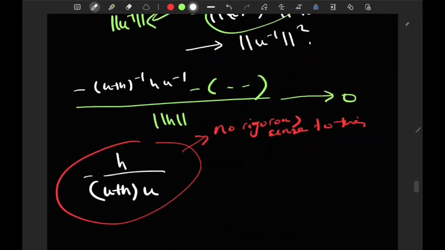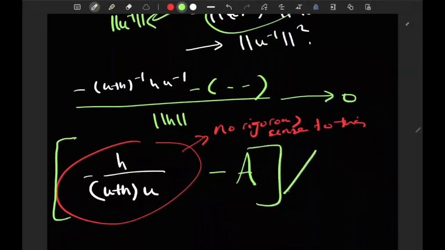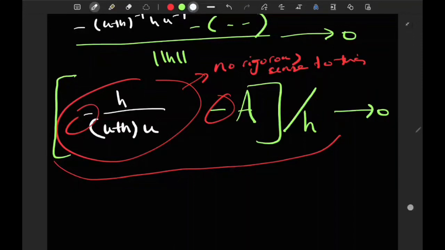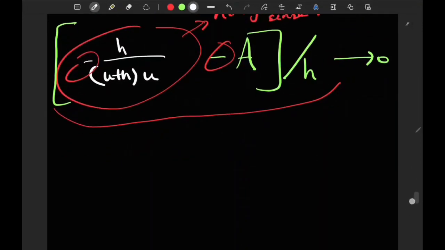But if I want to subtract from this something, some a, such that when I divide the entire thing by h I go to 0, pretending everything here is scalars, let me divide by h right away. Since I have minus signs here, if this goes to 0, then minus this also goes to 0, so let's ignore the minus sign.